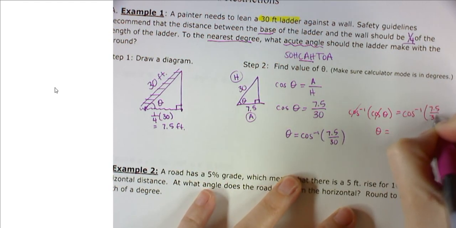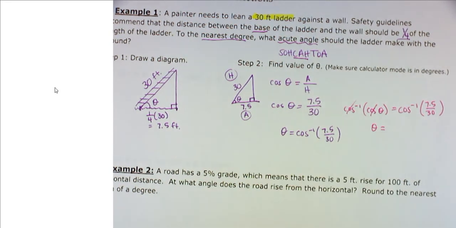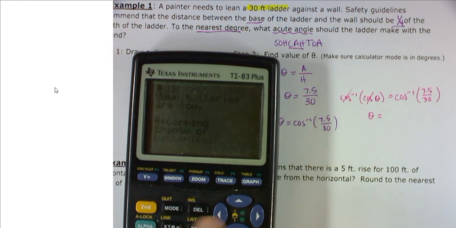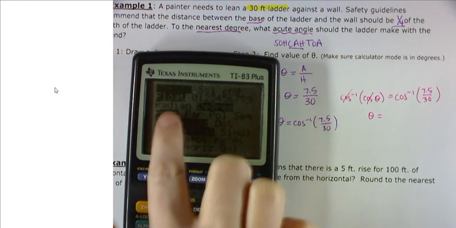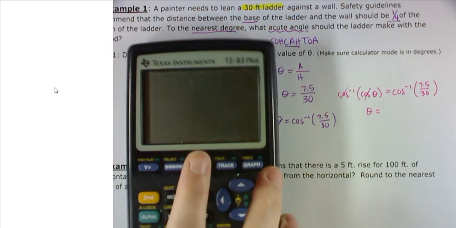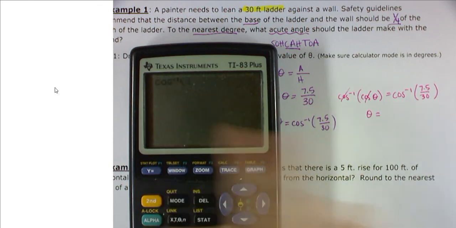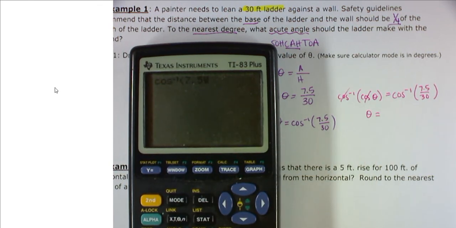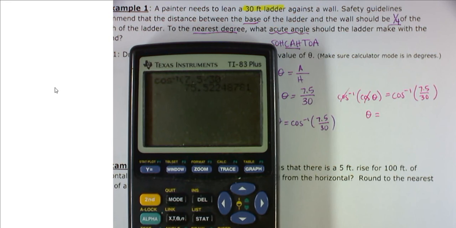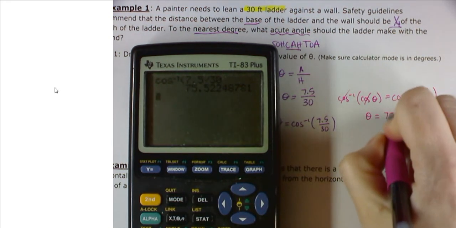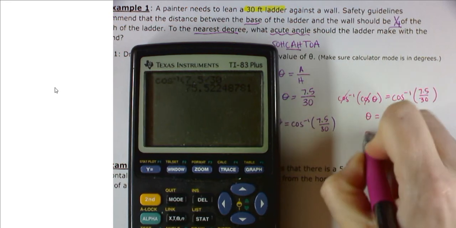You do want to make sure that your mode is in degrees for this one. Mine already is. So I'm going to do the cosine inverse of 7.5 over 30, which gives me 75.5. And then it says we're rounding to the nearest degree, so this is going to be 76 degrees.